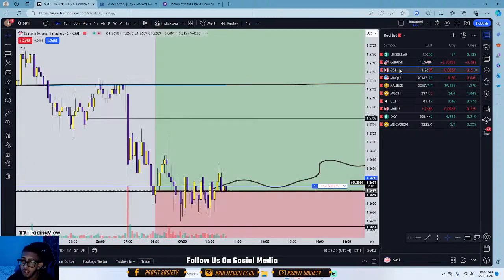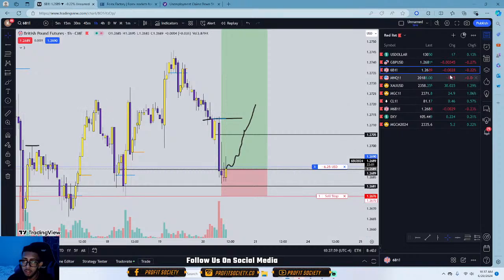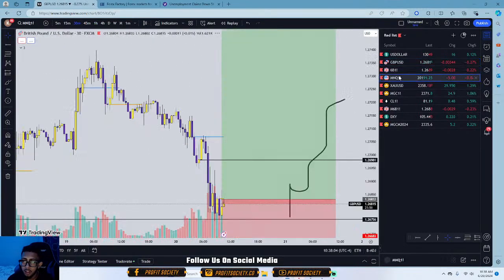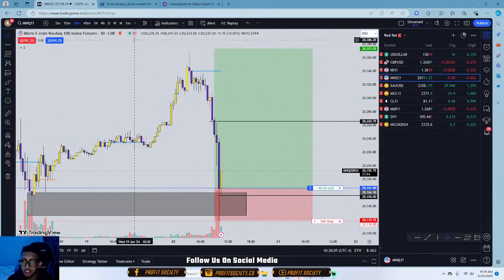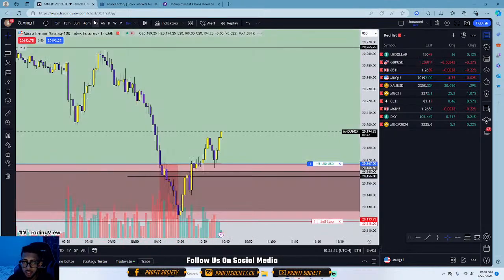Honestly, after seeing how slow this Great Britain pound is moving, NASDAQ might be our trade for the day. We are up a little bit on NAS.